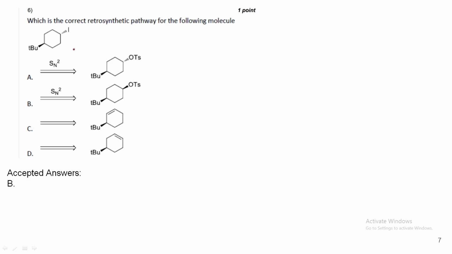And one more thing I want to discuss. For this case we are converting this molecule to this. A tertiary butyl group is there, and here we have an OH above. Somehow with three steps we are converting it from there to there.